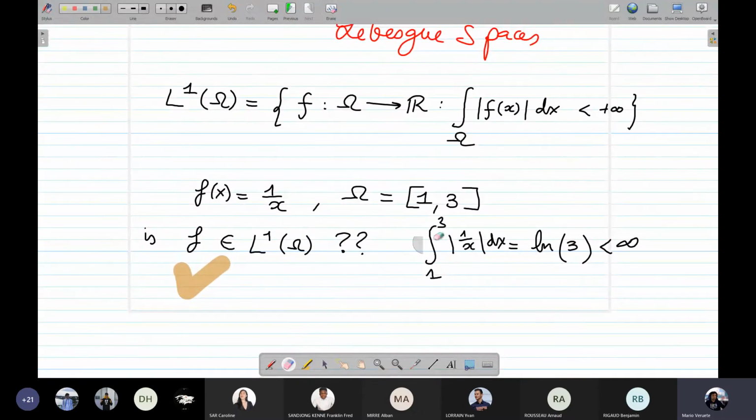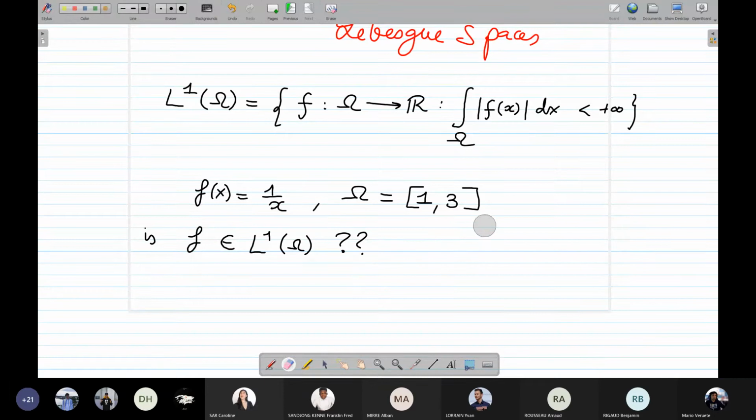Maybe Alban. Are you there, Alban? I'm there, but I wasn't really listening. Okay, so the question is, if you take this function 1 over x squared and you take the interval 1 to plus infinity, is this function in L1?